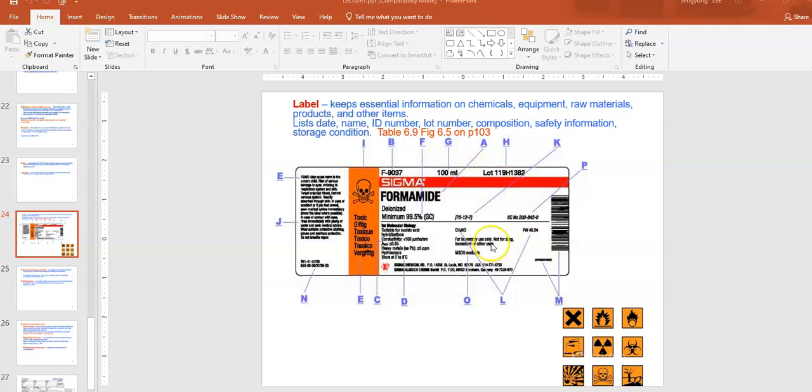So they are very important communication information that should be delivered to the users. Okay, so the labels are very important. They are highly regulated by the US Pharmacopoeia or the FDA.